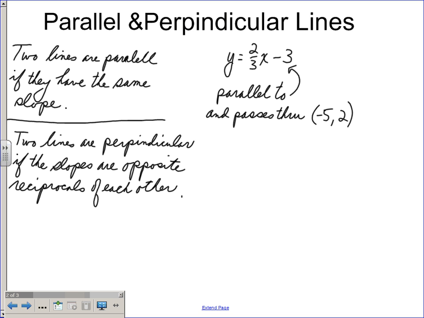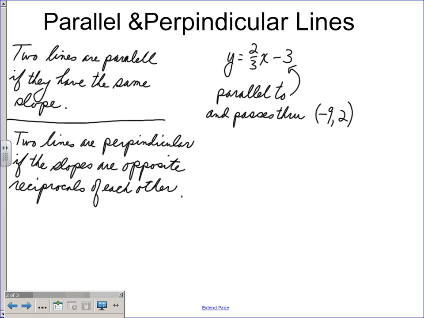You know what, that's kind of an ugly number. Let's change that -5 to -9. Okay? So I want an equation of the line that's parallel to y equals 2/3 x minus 3, but passes through the point -9 and 2.